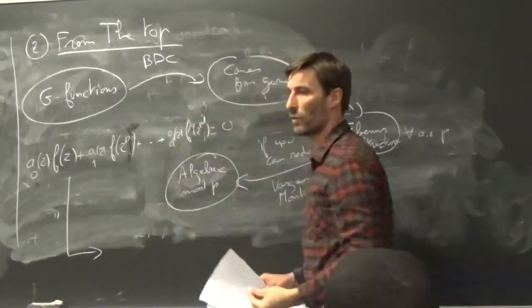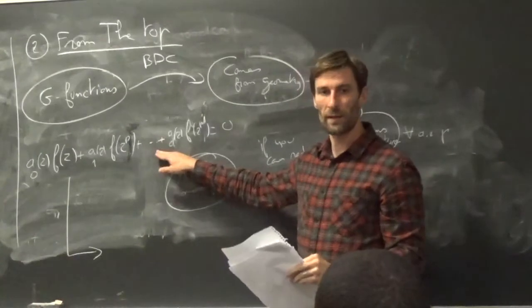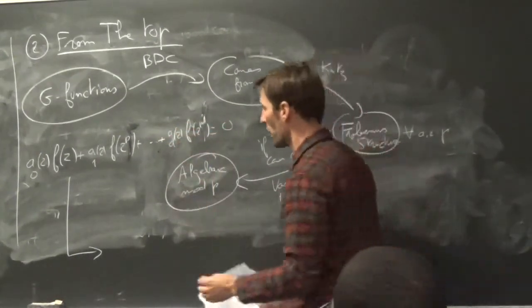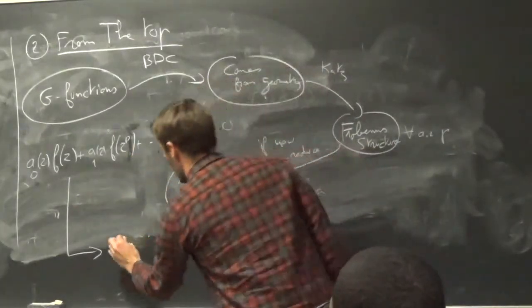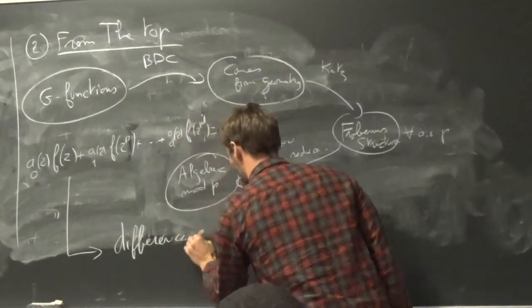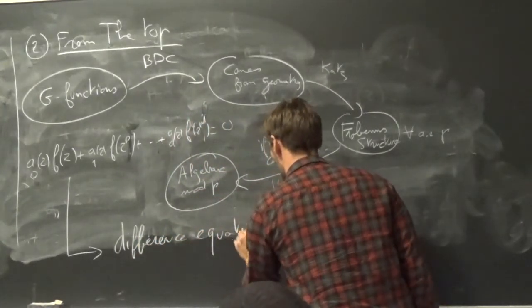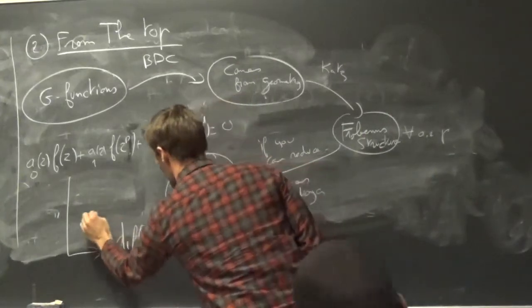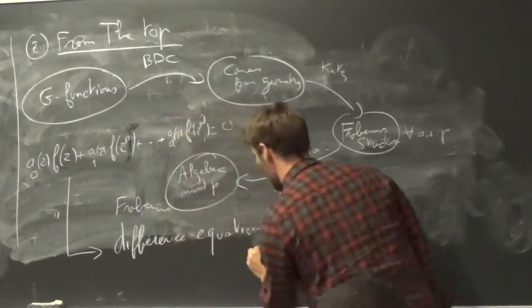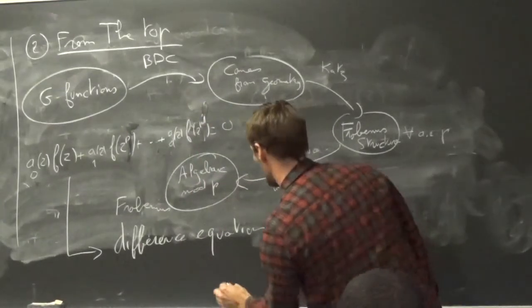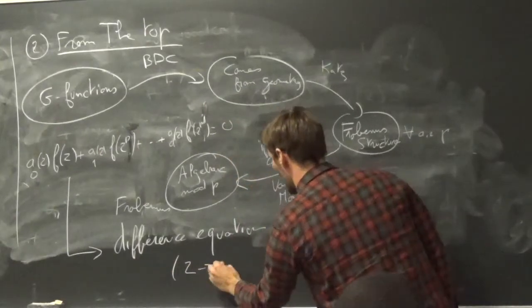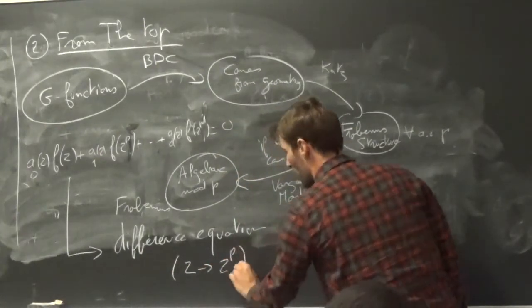And this I want to think about as a difference equation associated with the Frobenius. So for me, this algebraicity, I just think about it as a Frobenius difference equation, which means associated with the endomorphism z goes to z^p, right?